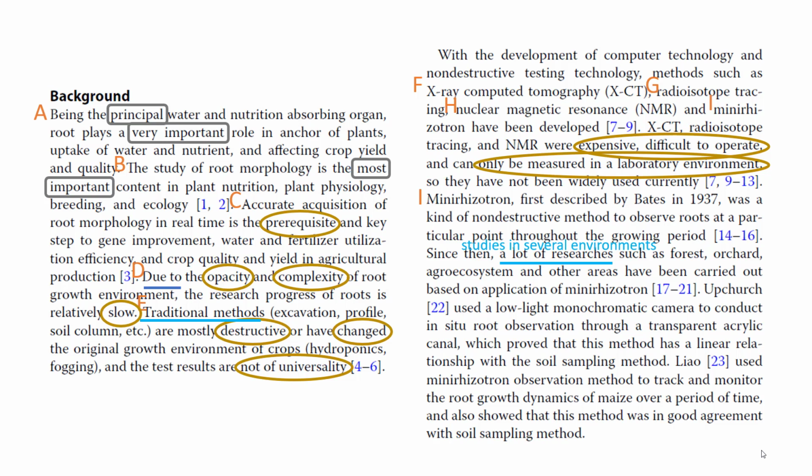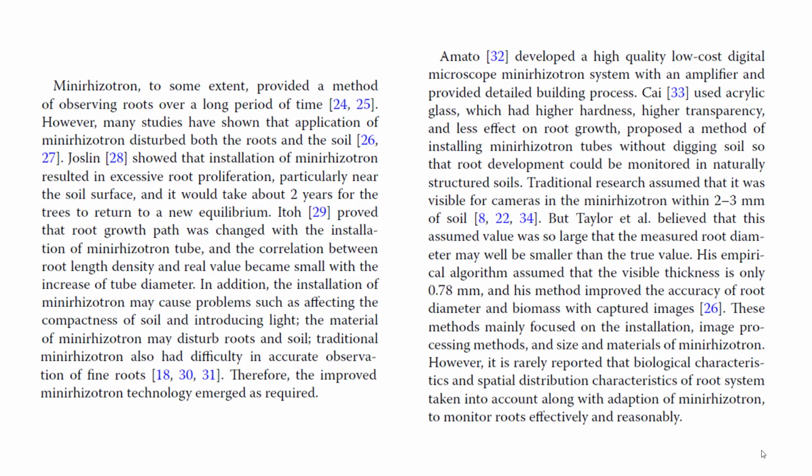So research is not a count noun, so I would not use research in the plural, and I would also not use a lot if I were writing an academic paper. The authors are showing us that, yes, here's a method which doesn't destroy the plants, and it also has been done in many different environments.